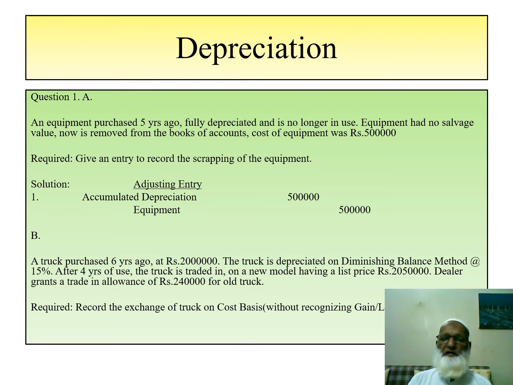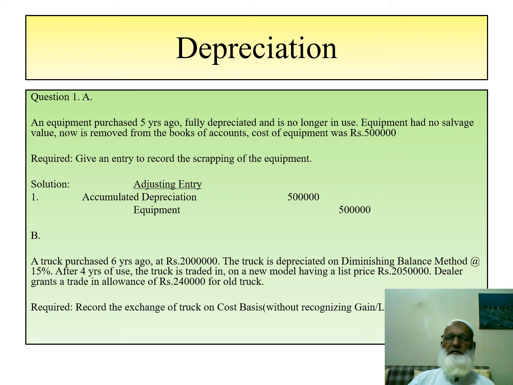Means when we trade our old truck for the new one, the dealer has allowed us 240,000 as a discount, which is normally called the trade-in allowance. We are required to record the exchange of the truck on a cost basis without recognizing gain or loss. We are not going to record any gain or loss on the trading.